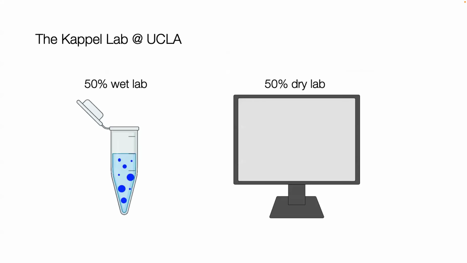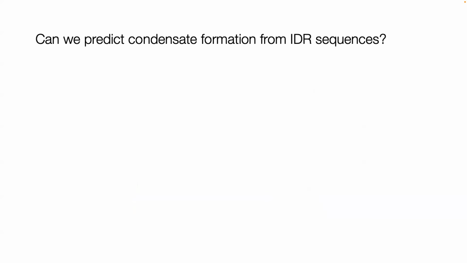So my lab at UCLA is about half wet lab, half dry lab. And just to give you a tiny sense of some of the dry lab stuff that we've started doing in the lab, we have this huge data set of sequences where we have measurements of condensate formation. Can we now start actually predicting condensate formation directly from IDR sequences?